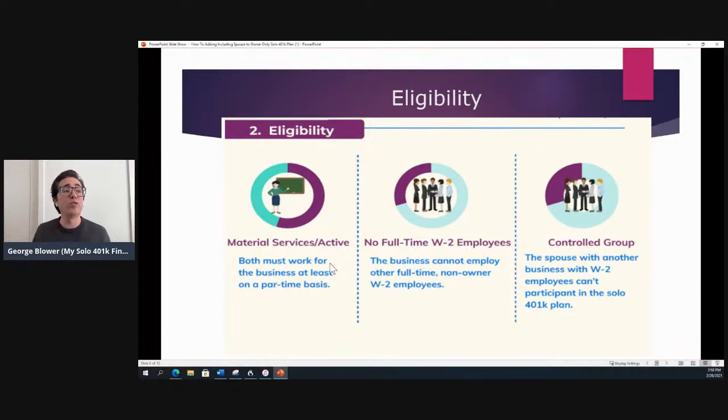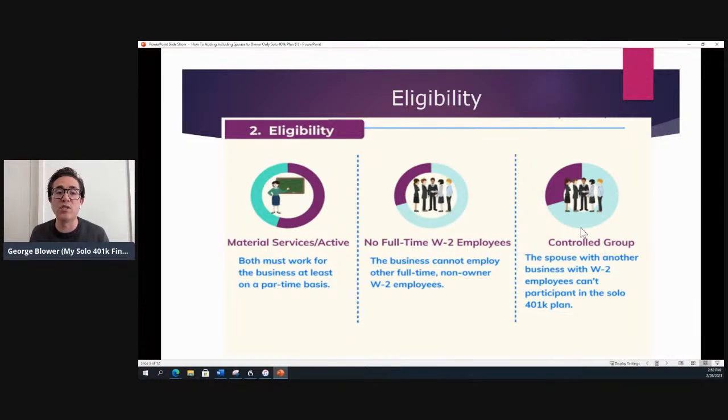And then another key thing to remember here is the controlled group rules. So let's say that one spouse is a CPA and has 100% ownership of a CPA business that has full-time non-owner W-2 employees. The other spouse has another business, and the two of them own this other realtor business, which doesn't have any employees.